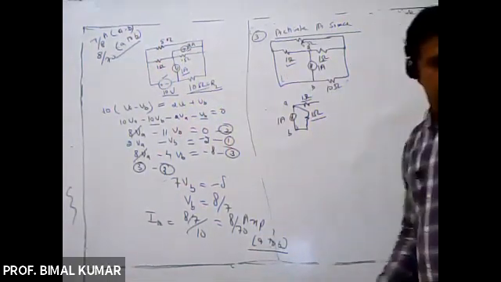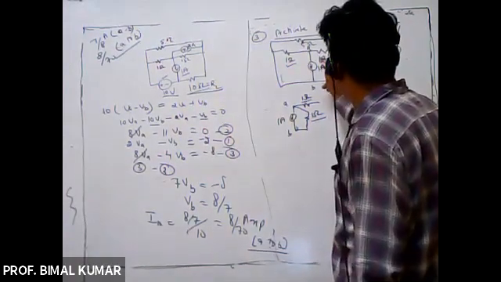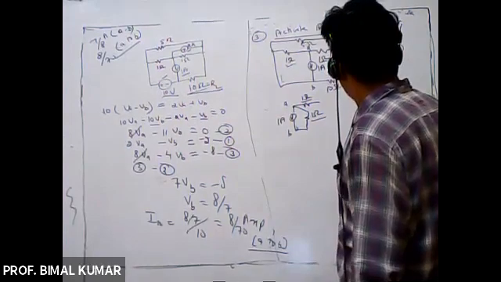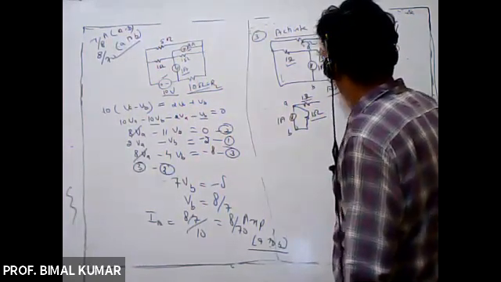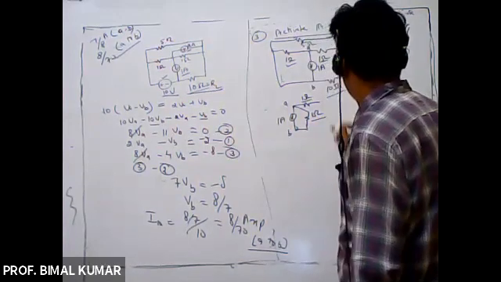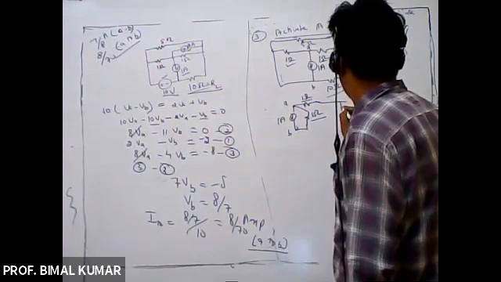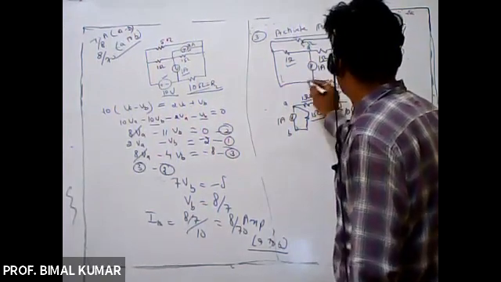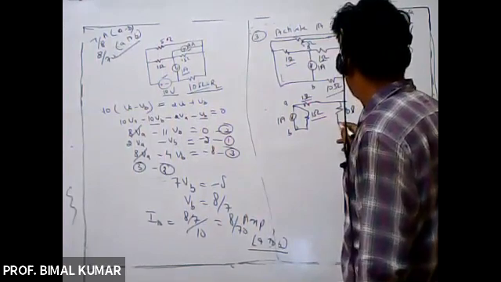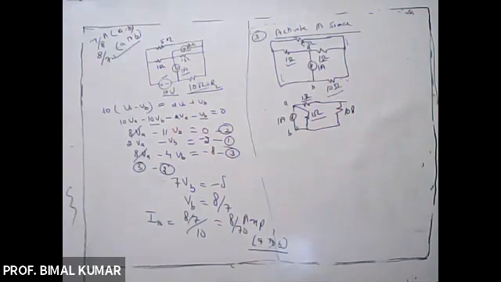Now the second terminal of the 1 ohm resistance is connected, on one side with 10 ohm and on the other side, here it will be 10 ohm and this 10 ohm is connected with terminal B, right?